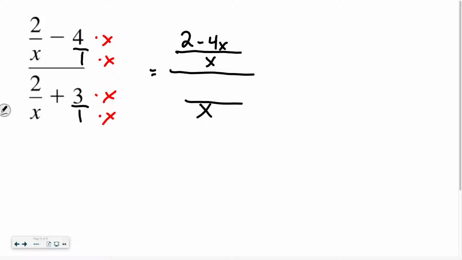The denominator in the denominator is x. And you have 2 plus 3x. Multiply by the reciprocal. 2 minus 4x over x times x over 2 plus 3x.